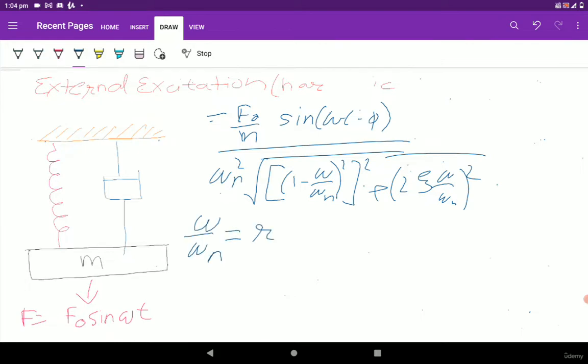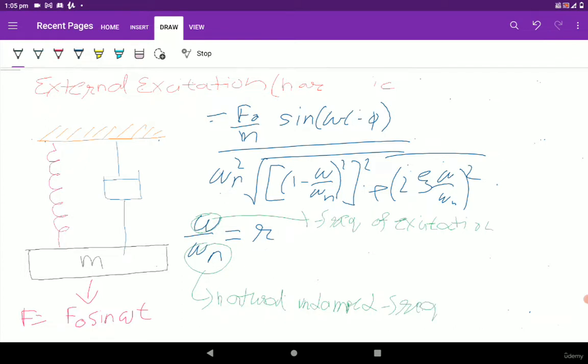Here omega is the frequency of excitation and omega n is the natural undamped frequency, and here r is the frequency ratio, so we call r the frequency ratio.